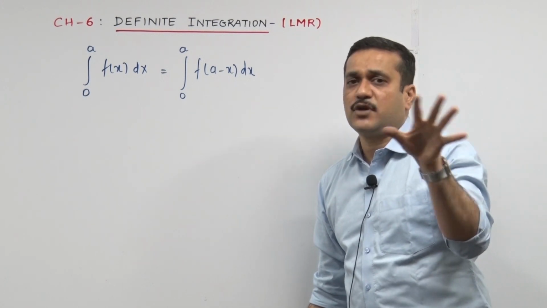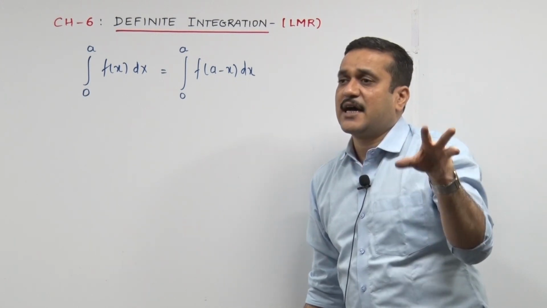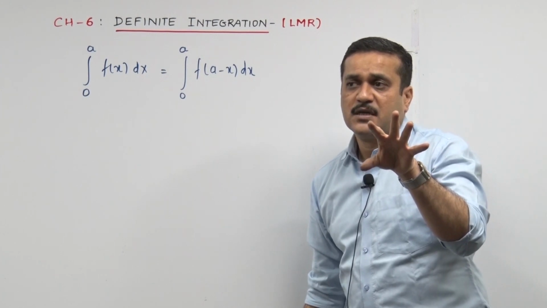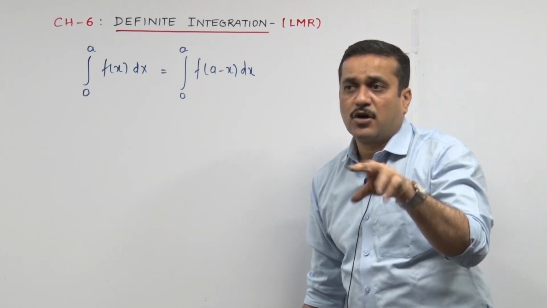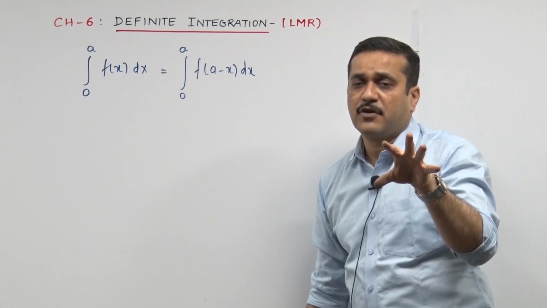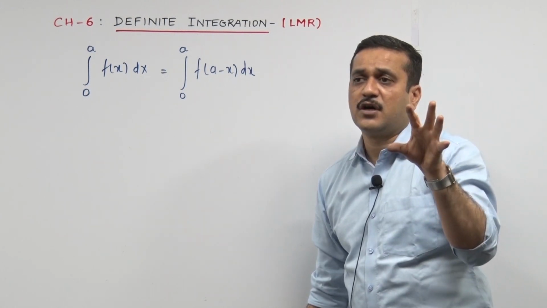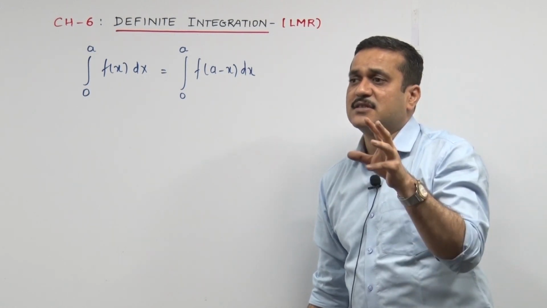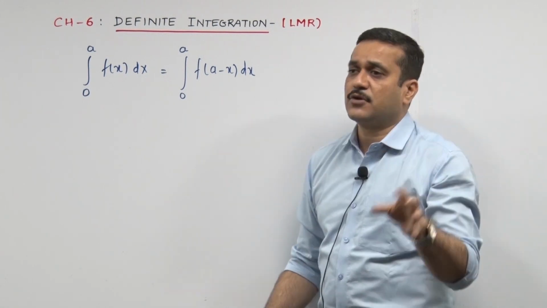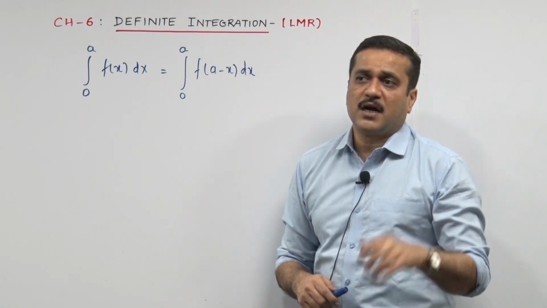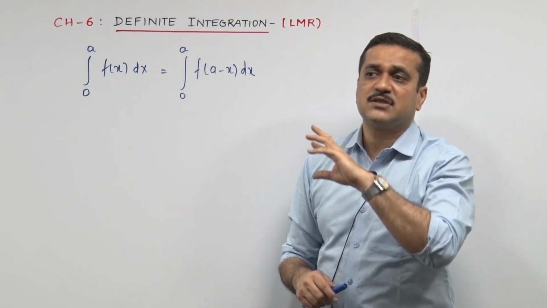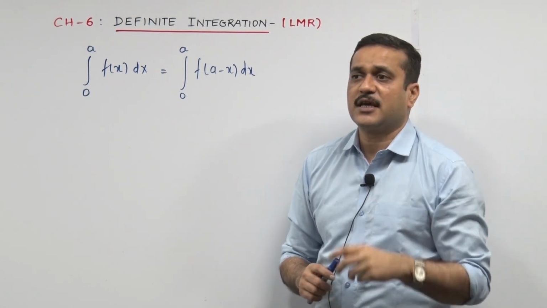For example, I give you f of x, some function, and then I ask you to find f of 1. You're going to change all your x to 1. I ask you to find f of 5. You're going to change all your x to 5. Similarly, when the property says you integrate 0 to a f of x dx, I am rehearsing it multiple times, so it starts ringing in you.